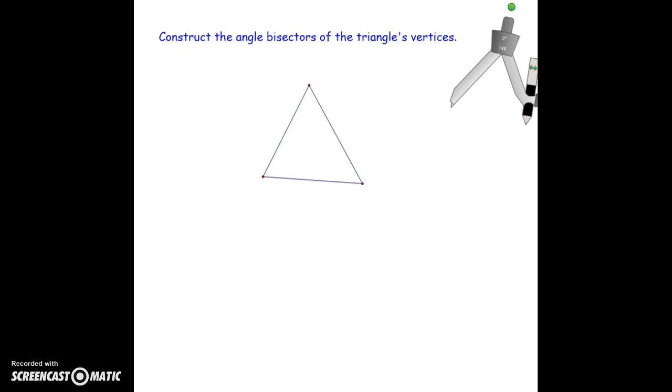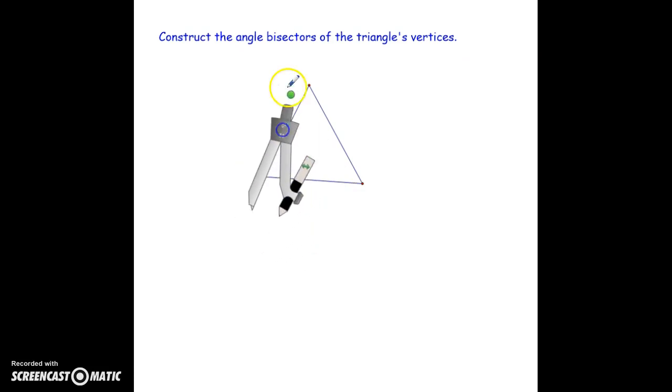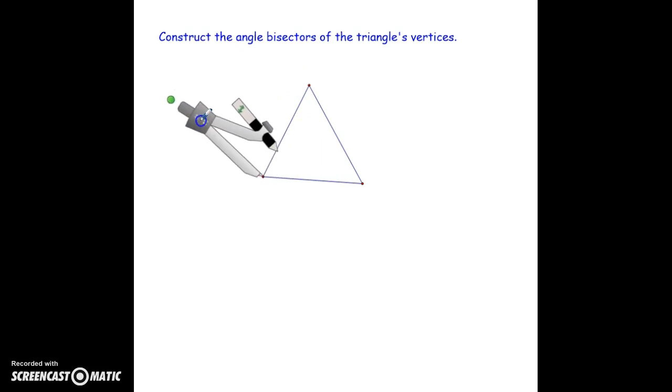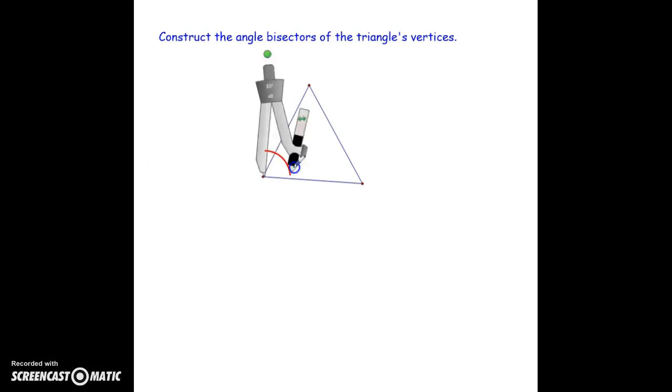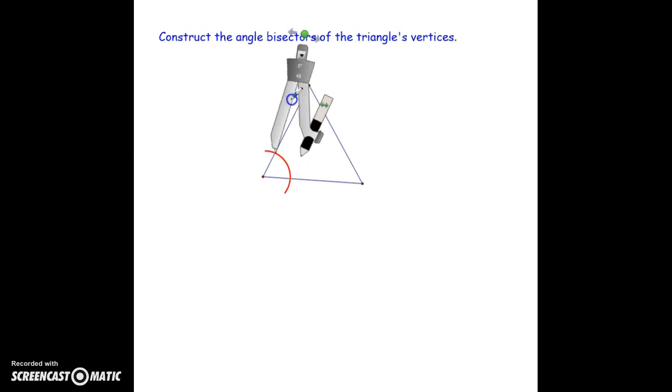Now in a triangle, because the triangle has three vertices, you could do an angle bisector in each of the corners. And because it doesn't matter what size arc you do at first, I advise you to do smaller ones so that they don't intersect into each other. We'll do an arc there, go on the intersection. Now on this part, it doesn't matter what size it is either.